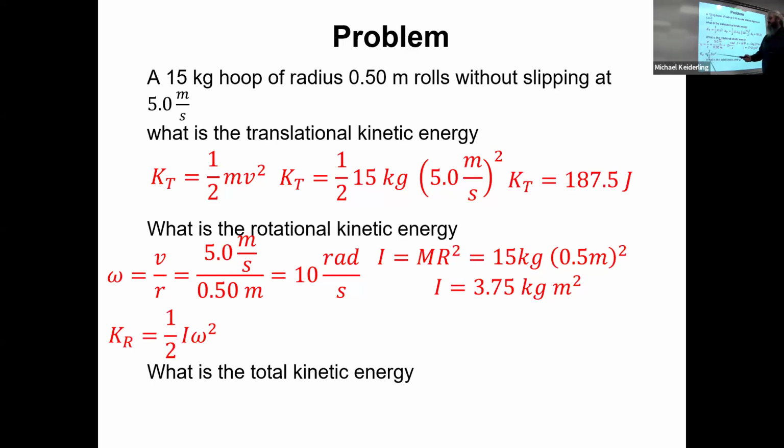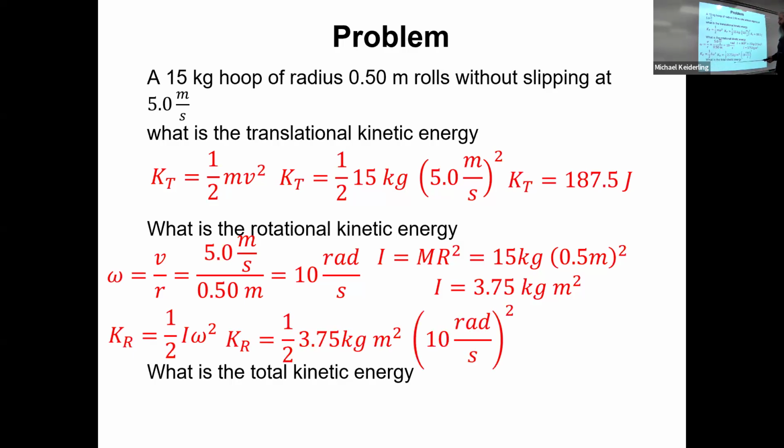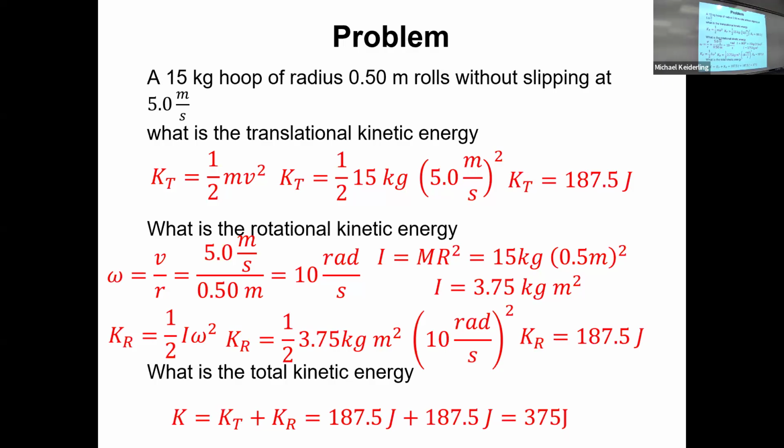And kinetic energy rotational is 1/2 I omega squared. So 1/2 times 3.75 kilogram meters squared times 10 radians per second quantity squared. You also get 187.5 joules. The total kinetic energy is the sum of both of these, so it's 375 joules.